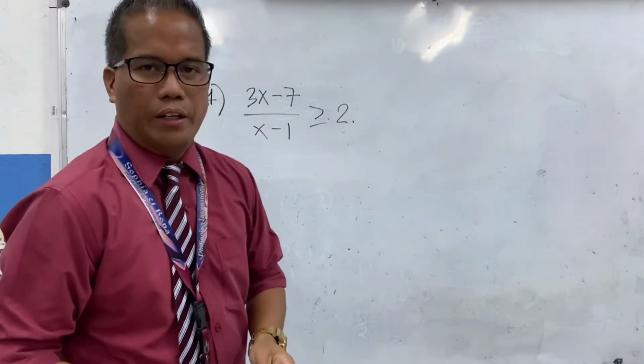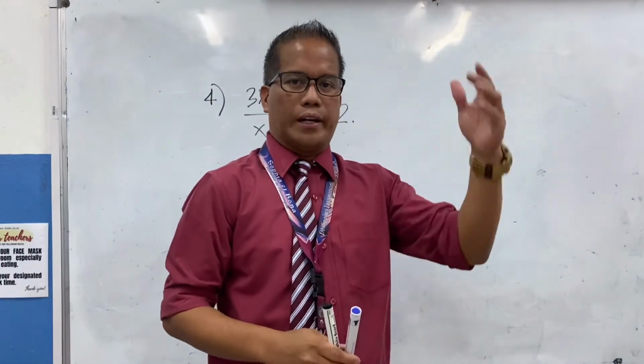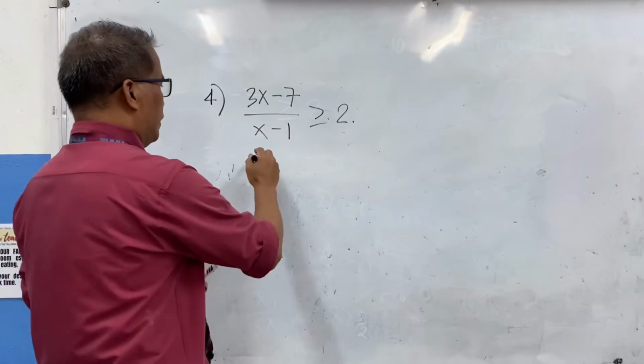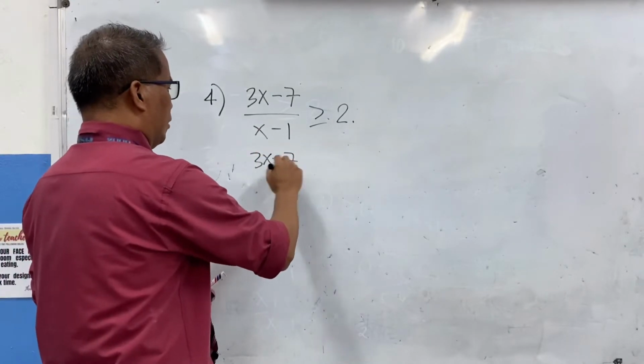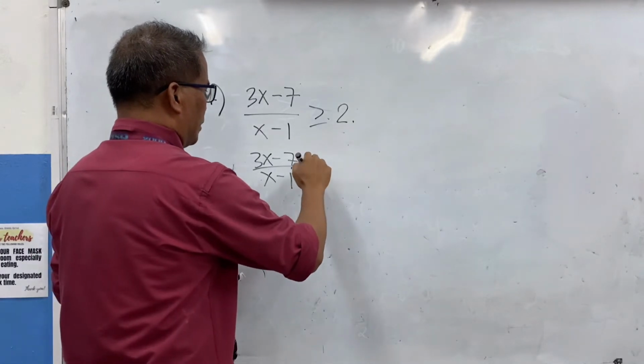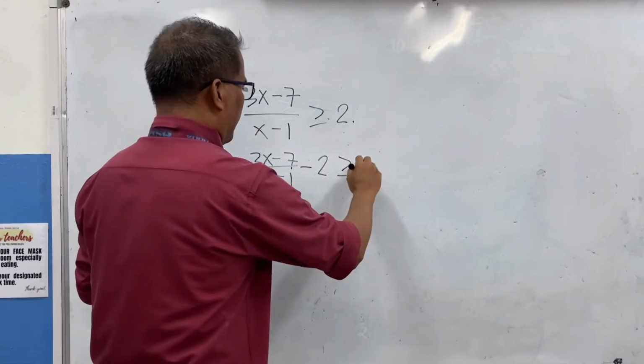So all you have to do is transpose positive 2, or simply equate this to 0. 3x minus 7 over x minus 1 minus 2 greater than or equal to 0.